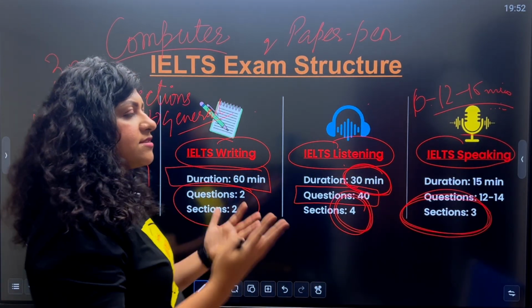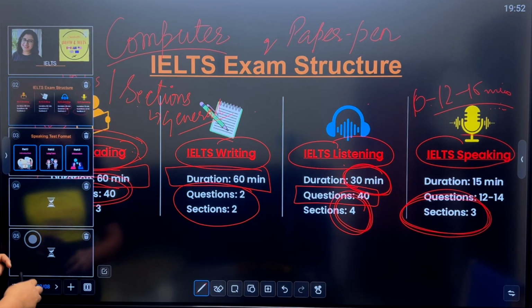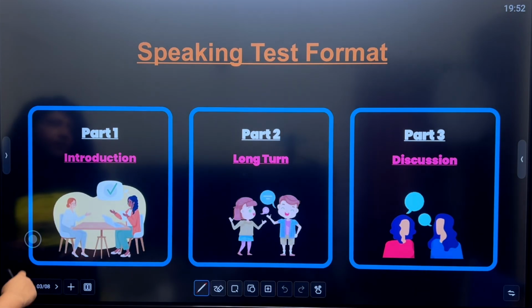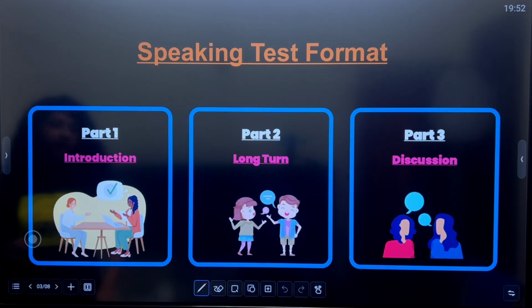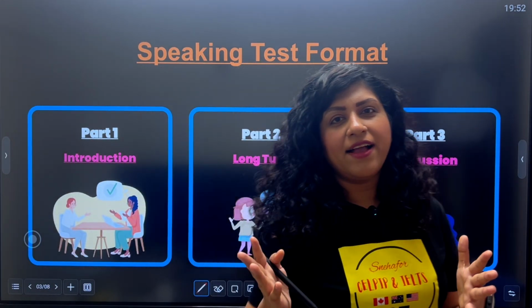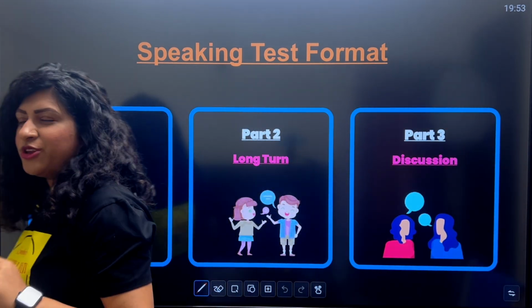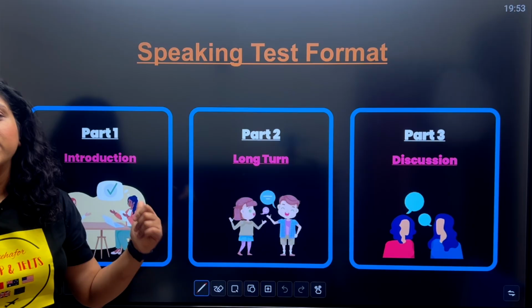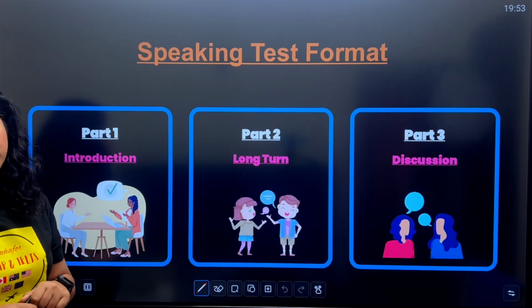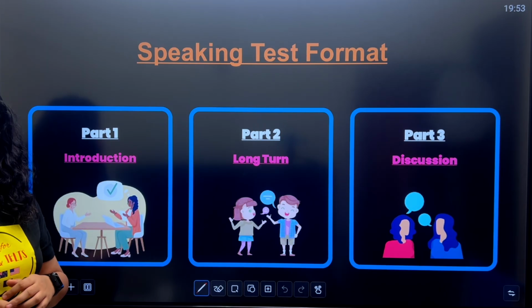Now let's discuss each of these modules in more detail. Let's begin our discussion with the speaking test. For most of the candidates, it's actually one of the most challenging sections of this examination, and there is a reason for that.